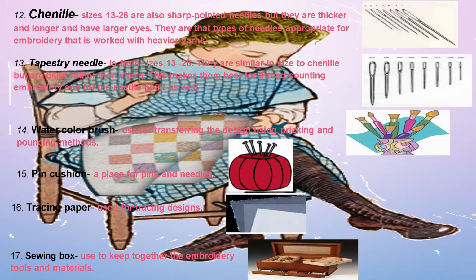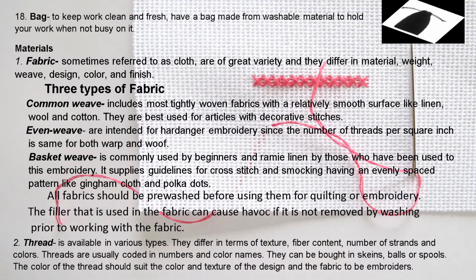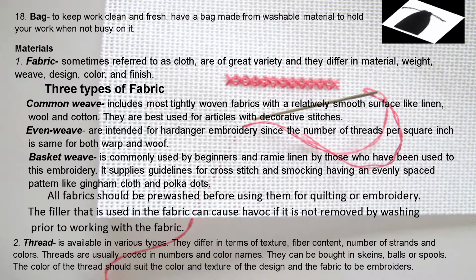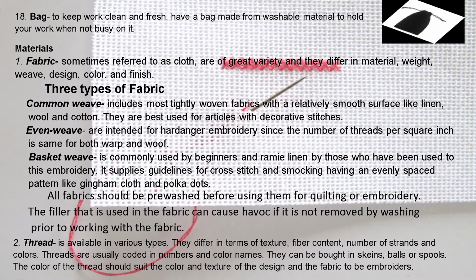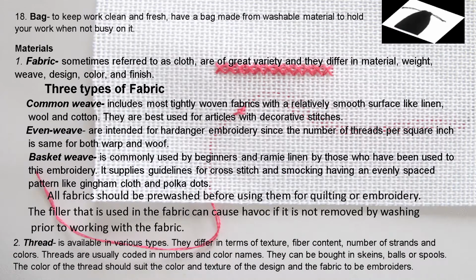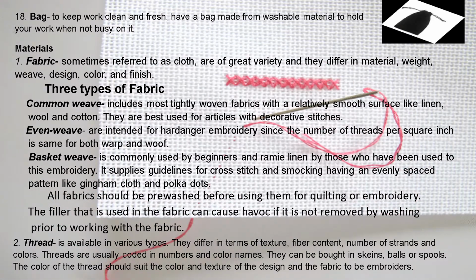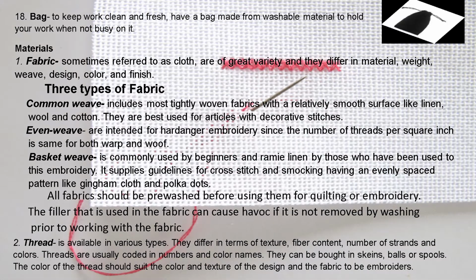Sewing box, used to keep together all the embroidery tools and materials. Next, we have the bag. To keep work clean and fresh, have a bag made from washable materials to hold your work when not busy on it. Okay, those belong to tools.